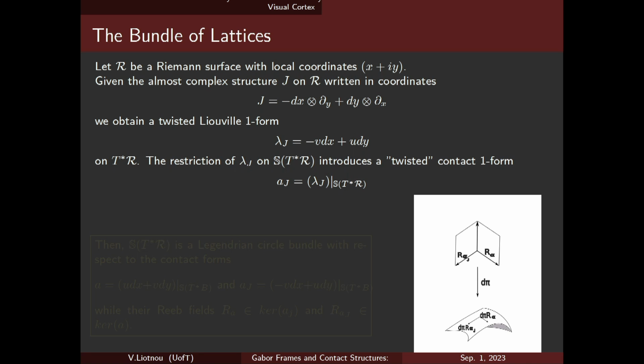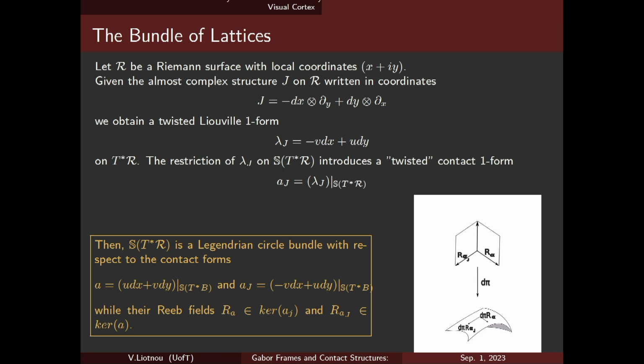And this twisted form has the property that when restricted to the unit cotangent bundle, it is also contact, in the same manner where the restriction of the Liouville one form is contact. And the good thing is that now we have our model of the visual cortex, and it is a Legendrian circle bundle with respect to both these contact forms.